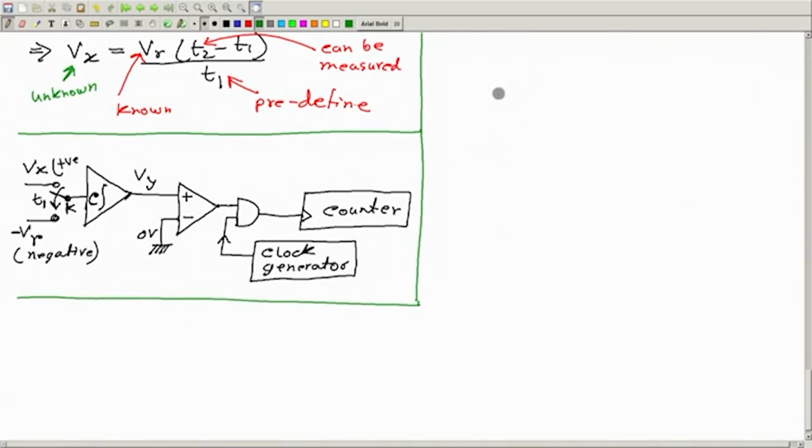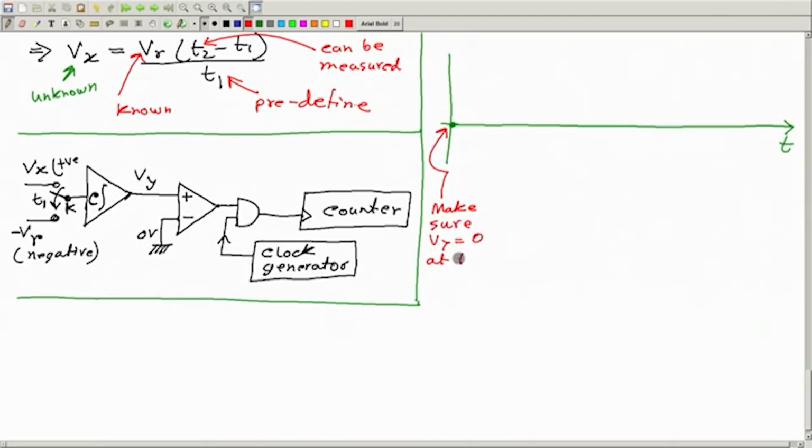Okay. Now let us see how Vy changes. Okay. So this is say time, and Vy will start from 0. So I write this, make sure Vy is equal to 0 at time equal to 0.